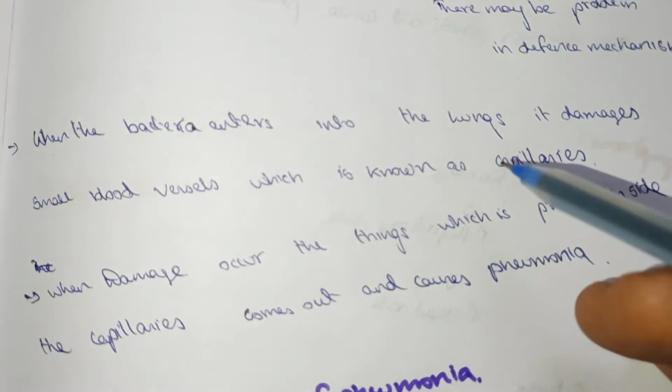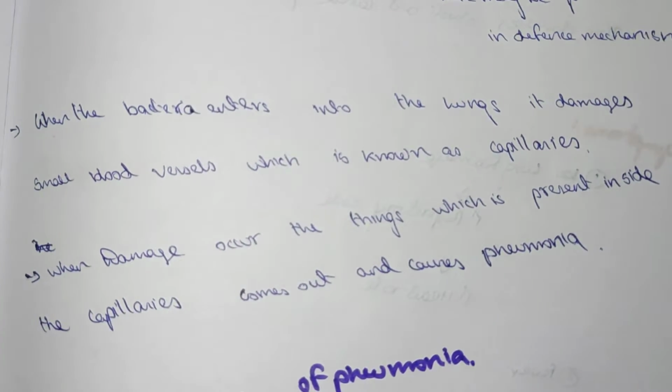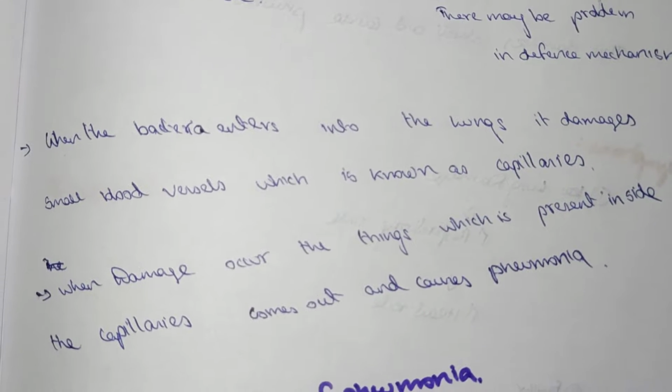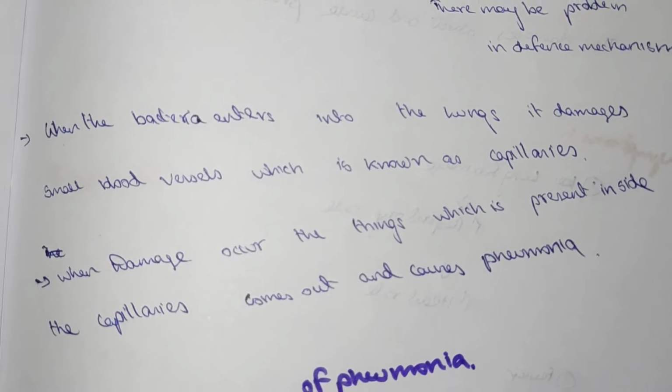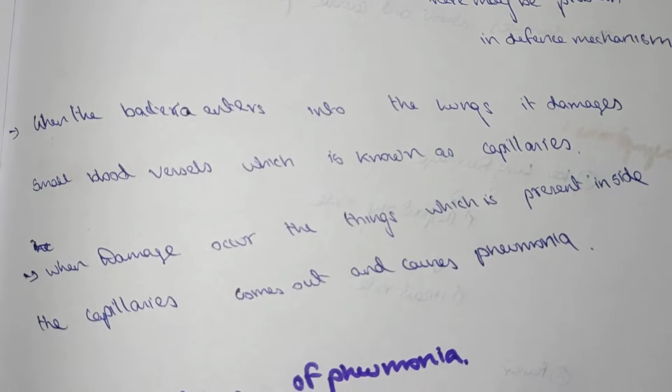When the bacteria enters the lungs, it damages the blood vessels known as capillaries. When the foreign body, which is bacteria, virus or fungi, enters the lungs, it causes rupture of the capillaries present there.